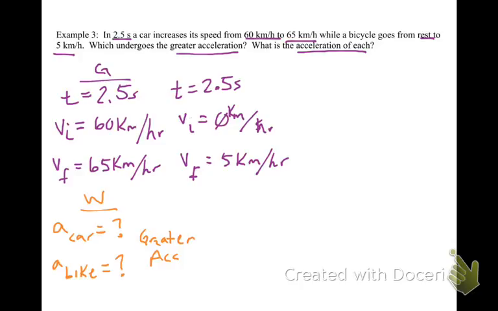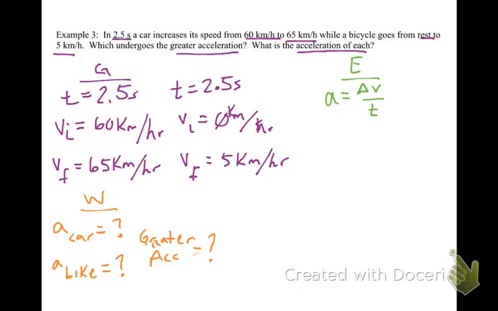I really tried to spell greater there, but it doesn't look like it. So you're just going to have to take my word for it. Okay, next, the equation that we're going to use. Well, it's a pretty simple equation. It's the one that we just learned, for both of them. It's our acceleration equals our change in velocity over time.